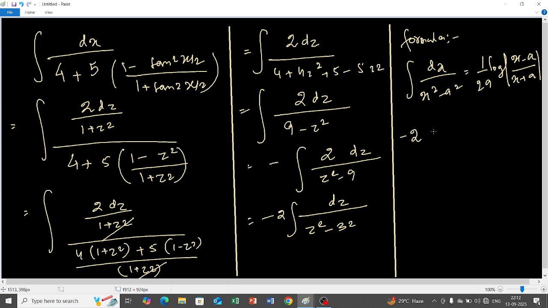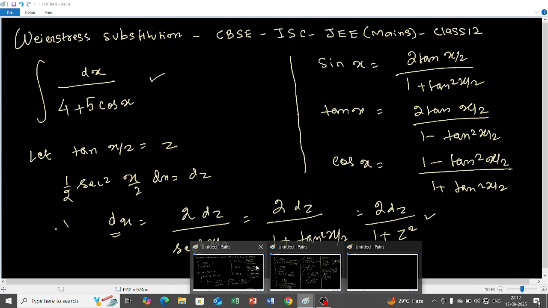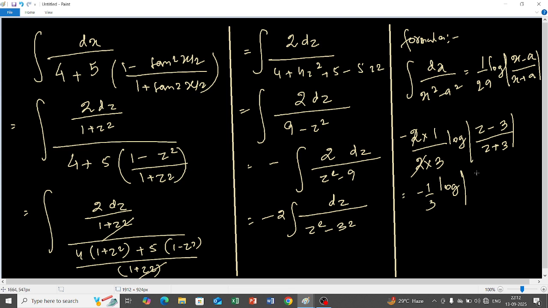Minus 2 will remain outside into 1 by 2 into a, here a is 3, log mod of z minus 3 by z plus 3. So 2 gets cancelled out, giving minus 1 by 3 log. What we took as z was tan x by 2, so the answer is minus 1 by 3 log mod of tan x by 2 minus 3 divided by tan x by 2 plus 3.